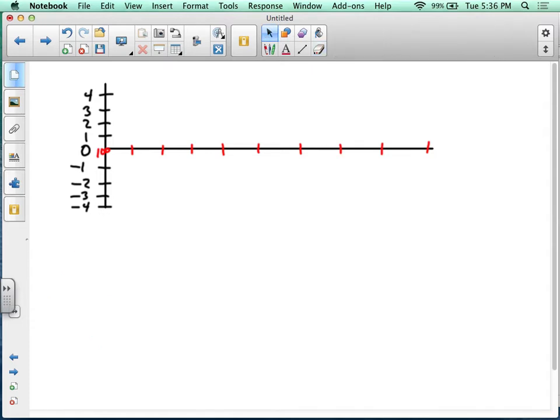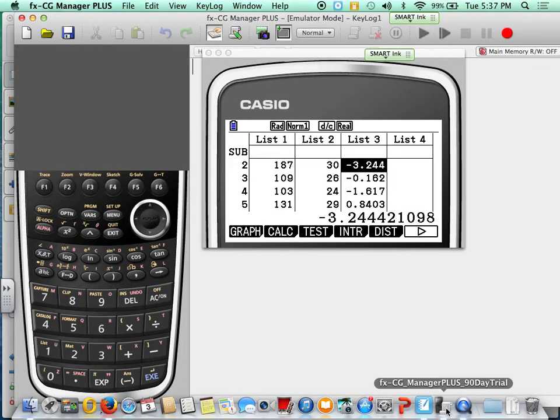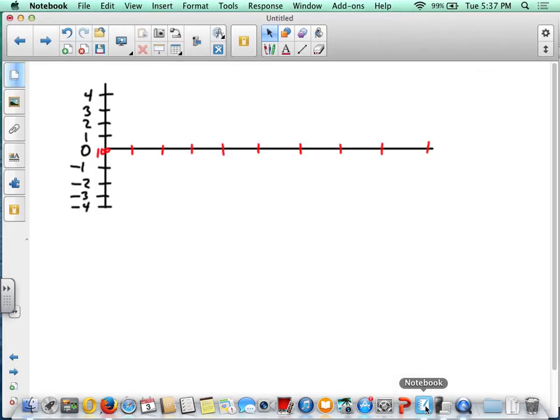Now, here we go. What you're going to do is you're going to plot your residuals, okay? So you'll have to go back to your calculator, and once you go back to your calculator, you're going to plot L1 versus L3. L1 versus L3. So that's what I'm going to plot on the residual plot. All right, so here we go. Now, when you have 120, at 120 it's going to be a negative 1.16.